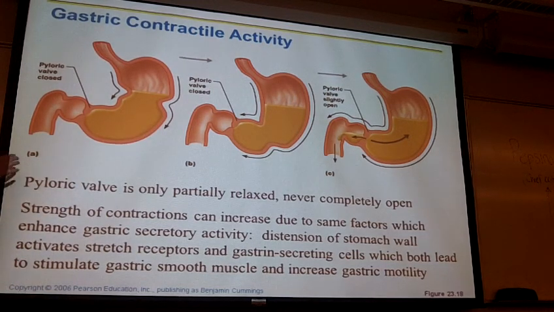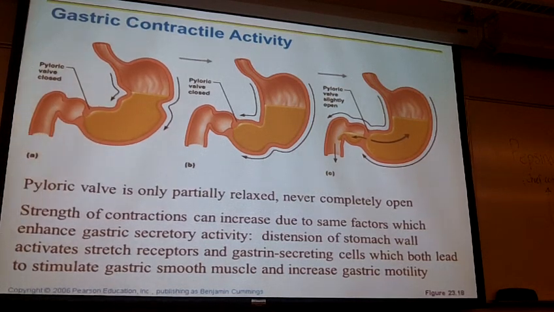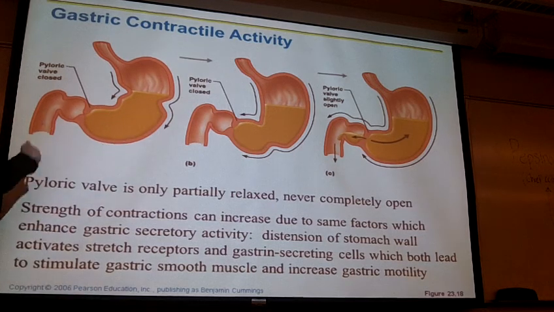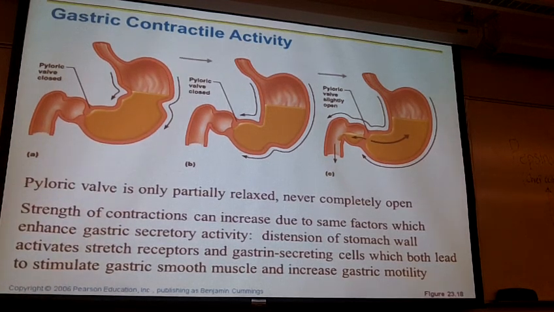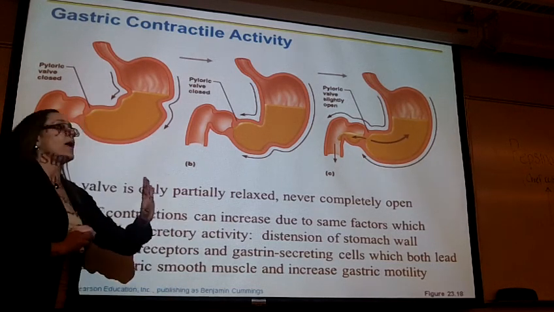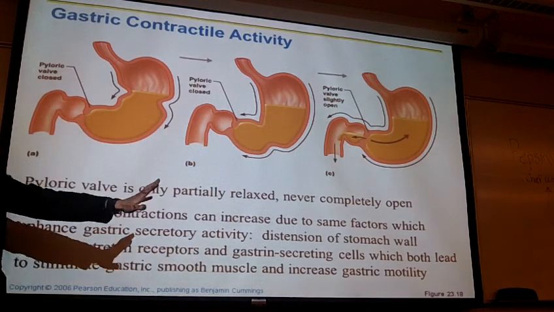And we have to have space in the small intestine for it to come over. So if our previous meal hasn't moved out of the small intestine yet, this food that's in the stomach can't move into the small intestine. So it's like an assembly line. Things are not going to move forward until the previous meal has moved in a forward direction.